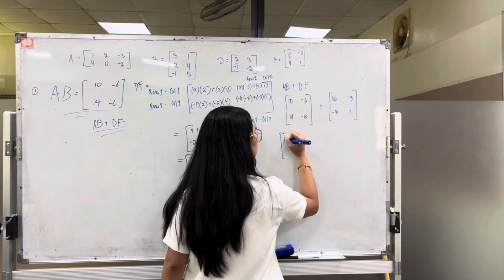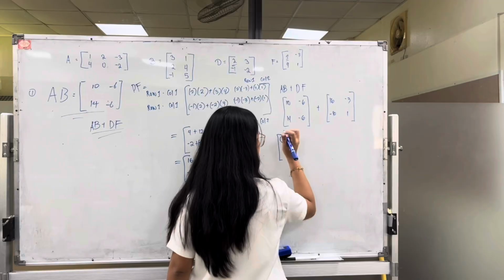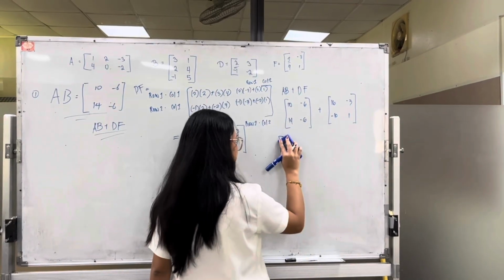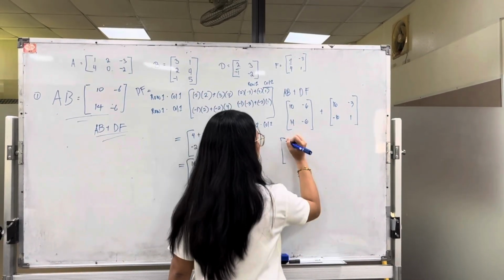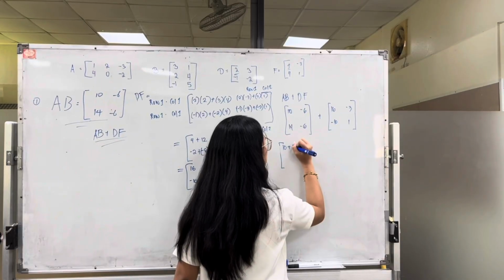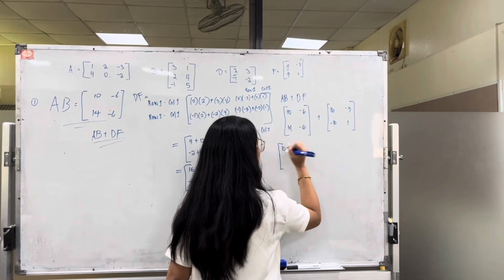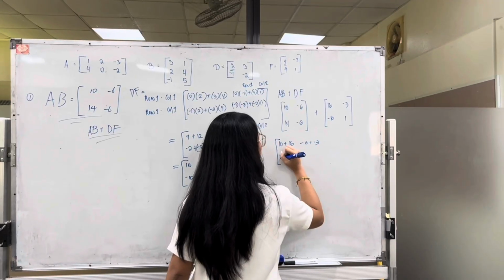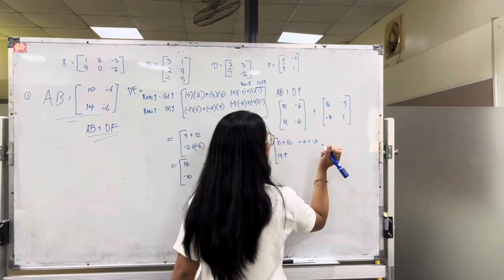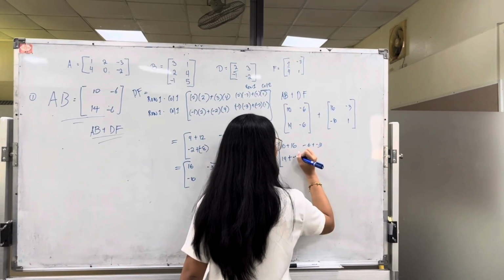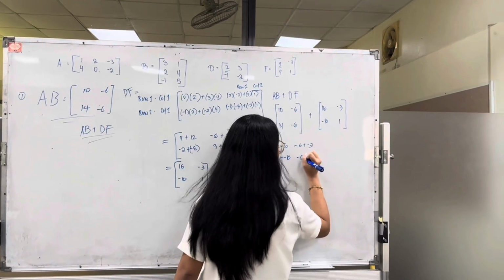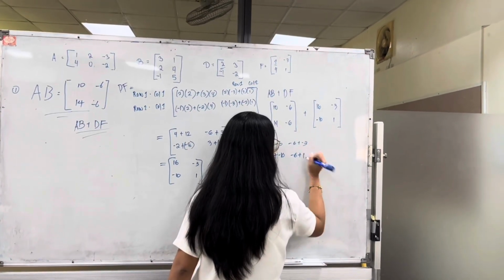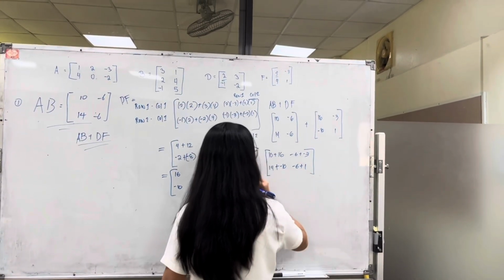We add 10 plus 16, negative 6 plus negative 3, 14 plus negative 10, and negative 6 plus 1.